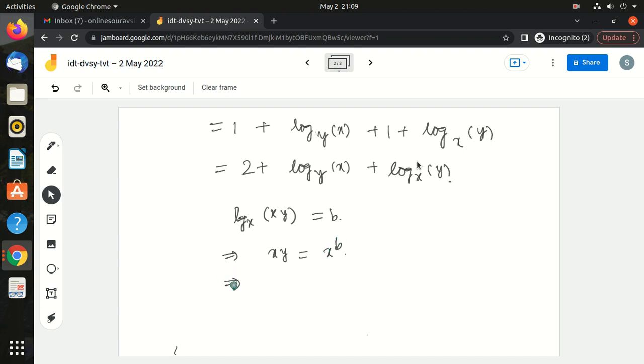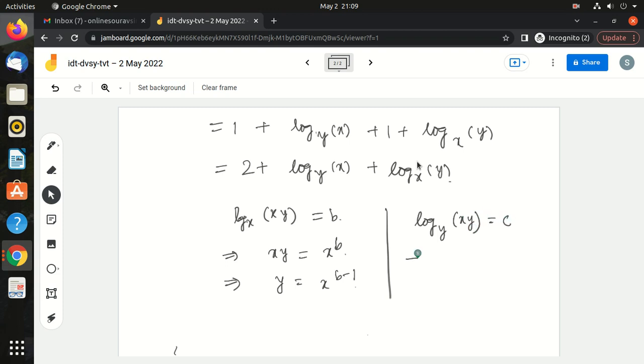So that means y equal to x to the power b minus 1. And on the other side, log y of xy is equal to c.